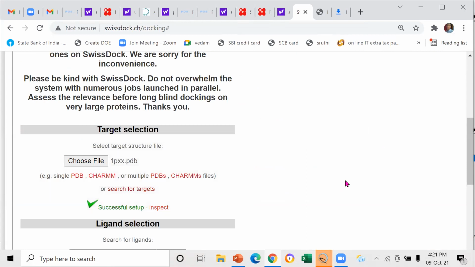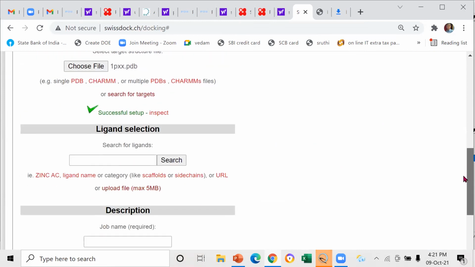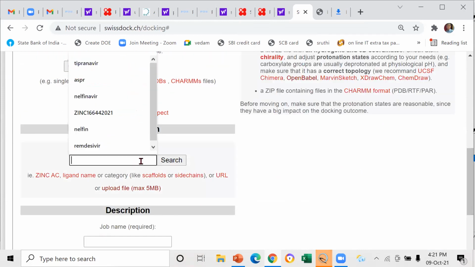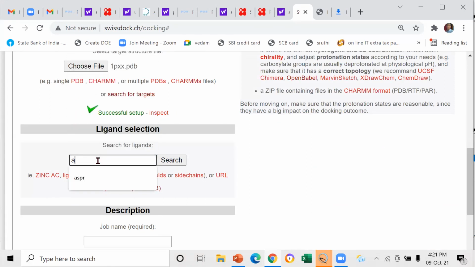After all the work which I have done using UCSF Chimera, I saved it. Then the ligand, I can give the ZINC ID or the name of the compound.